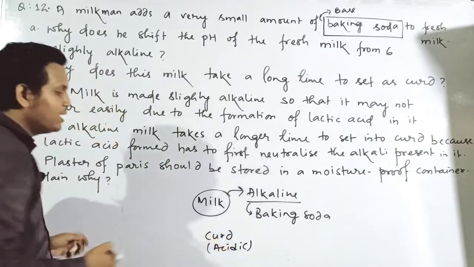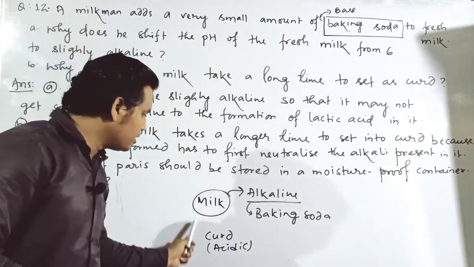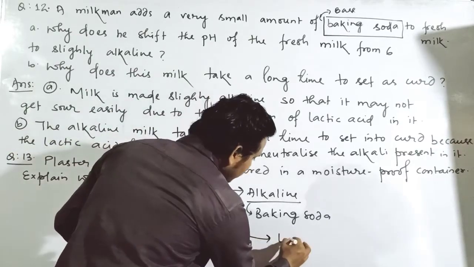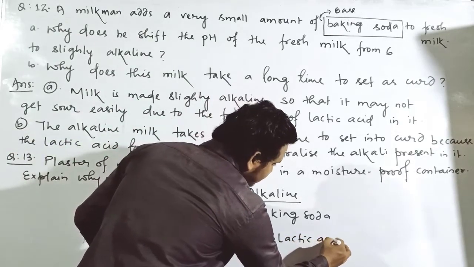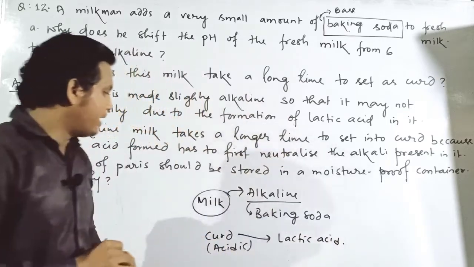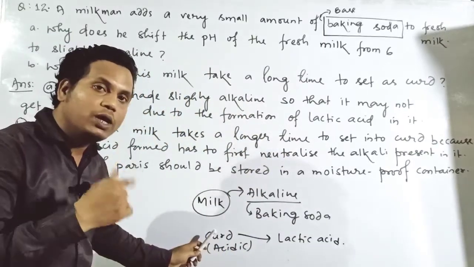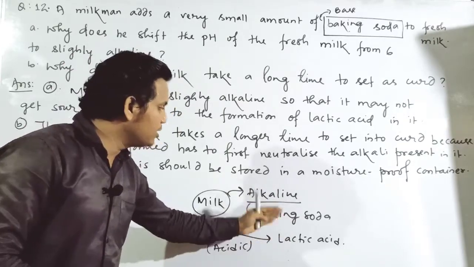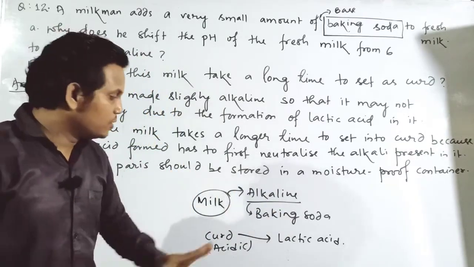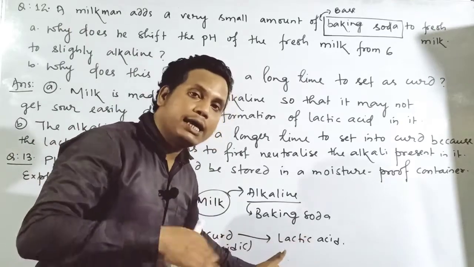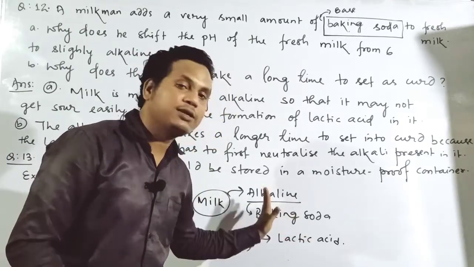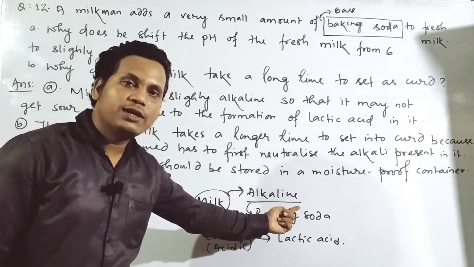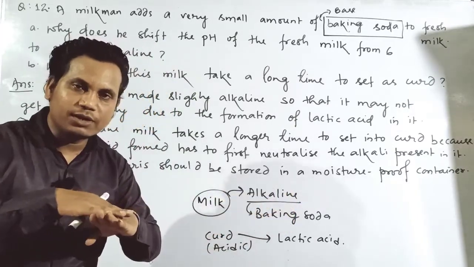When will milk be acidic? It will be acidic due to the formation of lactic acid. So first, the lactic acid produced will neutralize this baking soda, because acid neutralizes base. When lactic acid has neutralized the baking soda, then the pH of milk becomes 6.